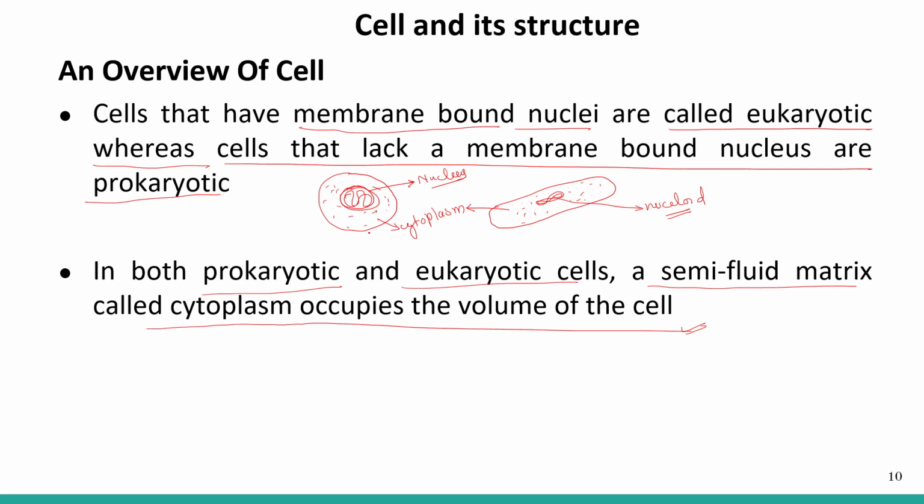Right? This is the eukaryotic cell and this is the prokaryotic cell. So this cytoplasm is the semi-fluid matrix, and all the organelles in the eukaryotes are present in this matrix only. Okay.